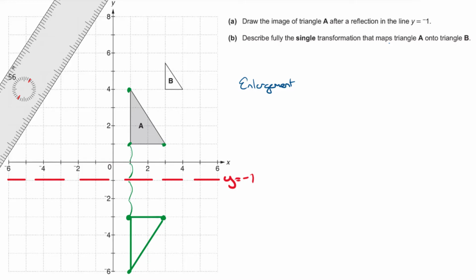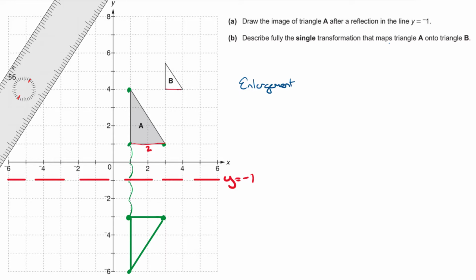Now, in order to fully describe an enlargement, you need two things. You need the center of enlargement and you need the scale factor. Now, you can work out the scale factor just by measuring two matching sides on your shape. So if I look at triangle A, this bottom line here is 2 units in length, and its matching one on B, this one, is 1 unit in length.